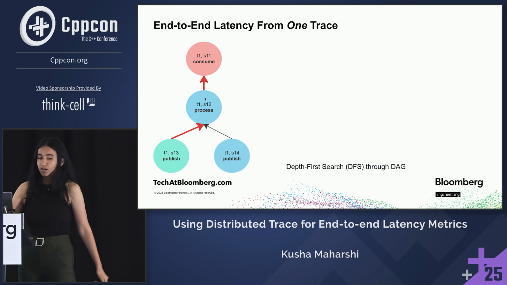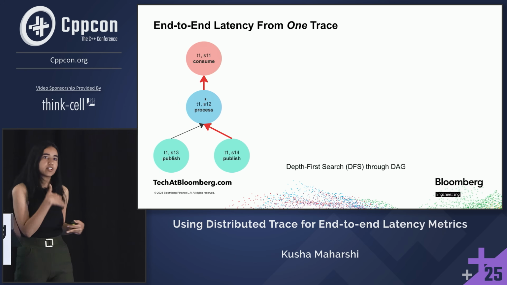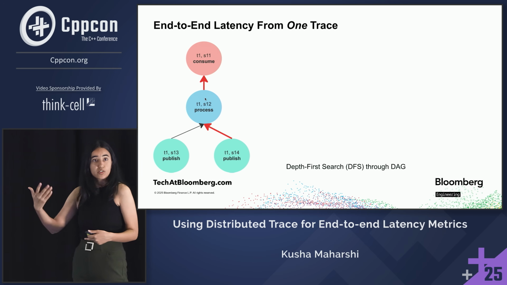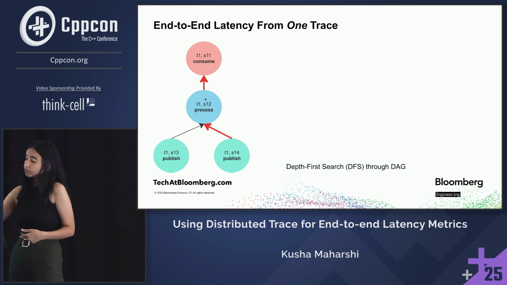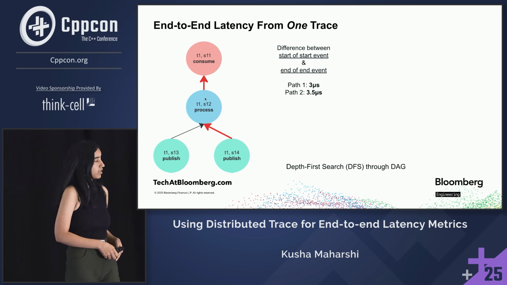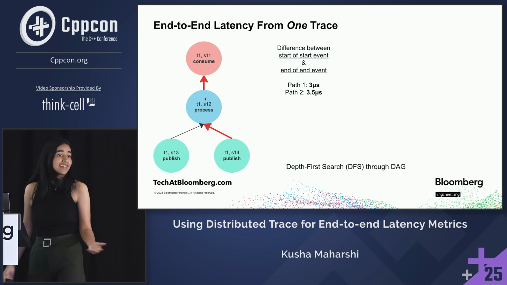Similarly, we can do this for this other highlighted path. So there are multiple different valid paths through the system, which represent the latency of different requests going through the system, right? All that we're trying to do is find the difference between when my start event started and when my end event ended. And that's your answer.